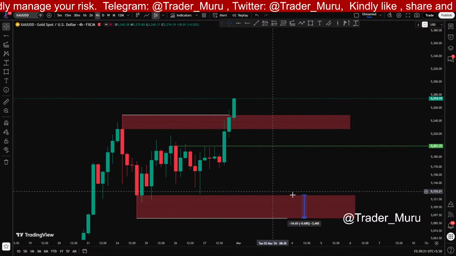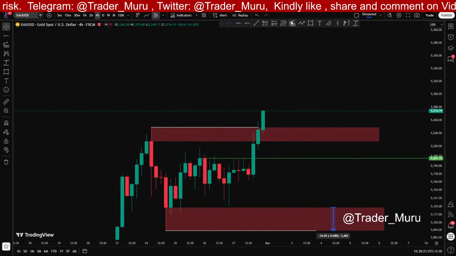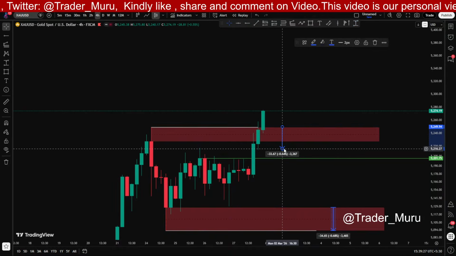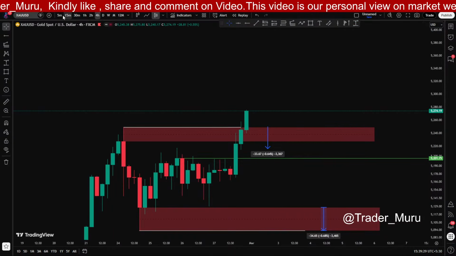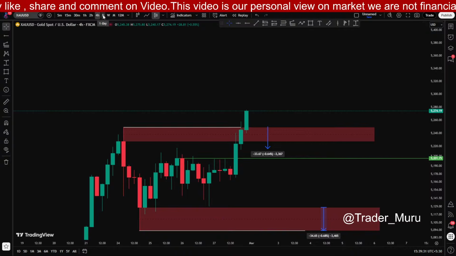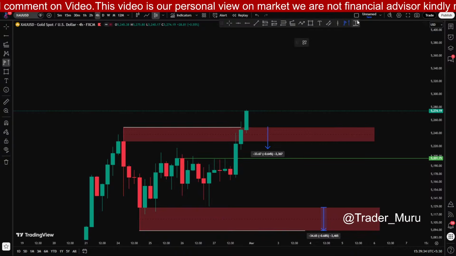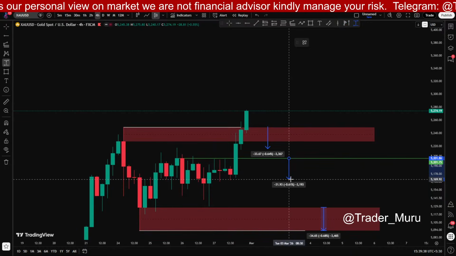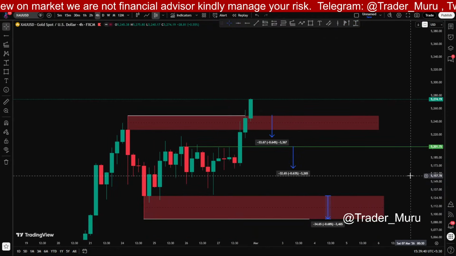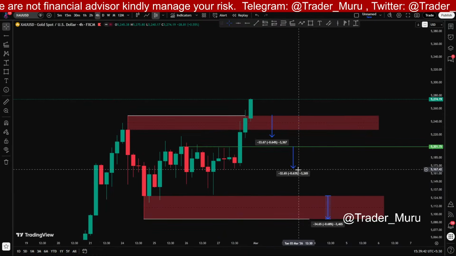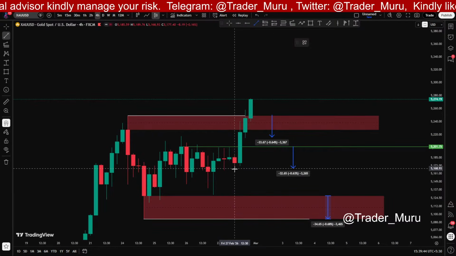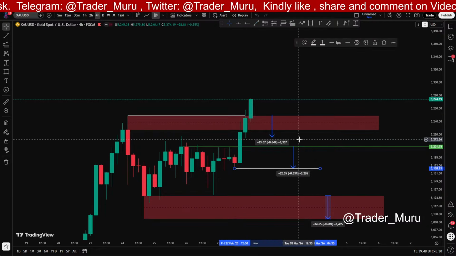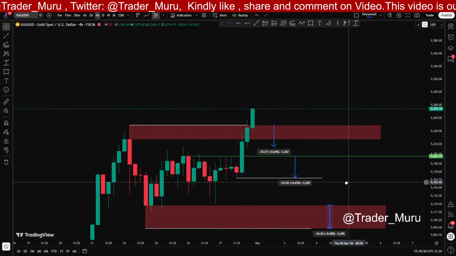Okay, so here, if I say this is 300 pips, and this is 300 pips, and the same thing from here, 300 pips. So you are risking $200 on each level. If one level fails, the second level will be activated.